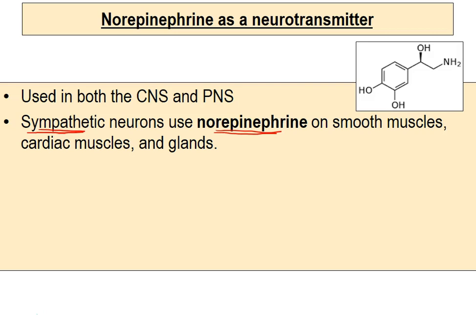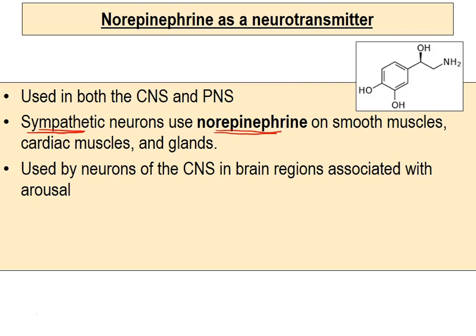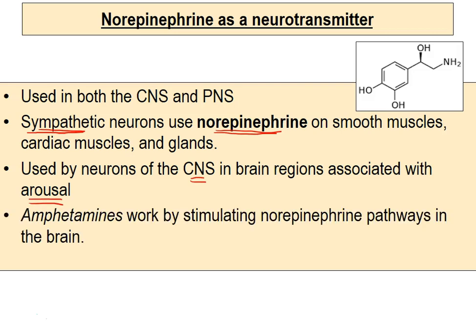When I think about norepinephrine, the first thing I think about is this is the neurotransmitter that is activated when you exercise and increases heart rate. But it does a lot of other things that we'll talk about. It is used by neurons of the central nervous system in brain regions associated with arousal, for example. And amphetamines work by stimulating norepinephrine in the brain.